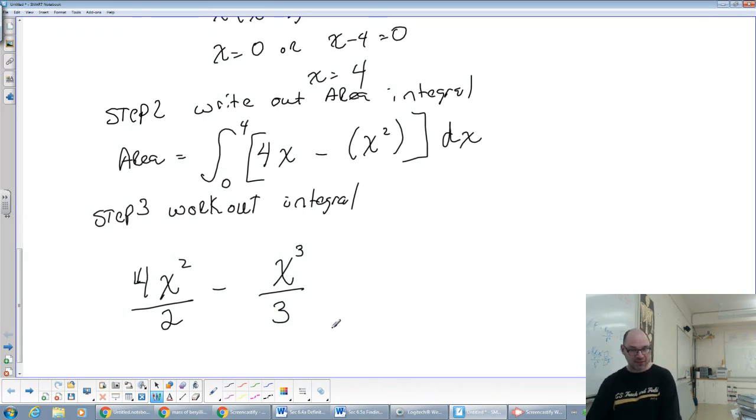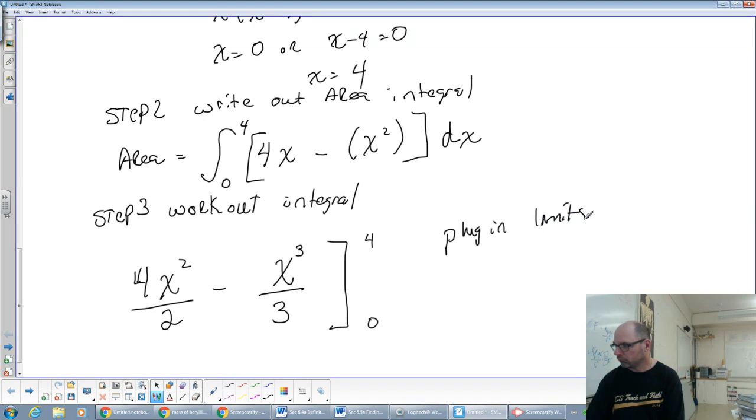I'm eliminating the c's because they will cancel each other out when we're subtracting as we go from 4 to 0. Okay, and that's going to give us our area. So we work out the integral, then we plug in the limits. So that's step 4.